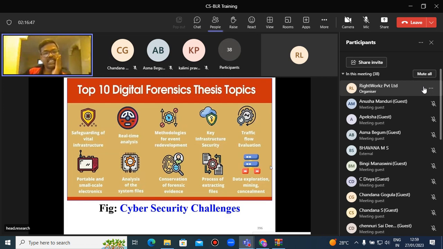Safeguarding of vital infrastructure, real-time analysis, methodologies for event redevelopment, key infrastructure sector, traffic flow evaluation, portable and small scale electronics, analysis of the system files, conservation of forensic evidence, and data exploration, mining, concealment. So these are the various topics involved in cyber security challenges.